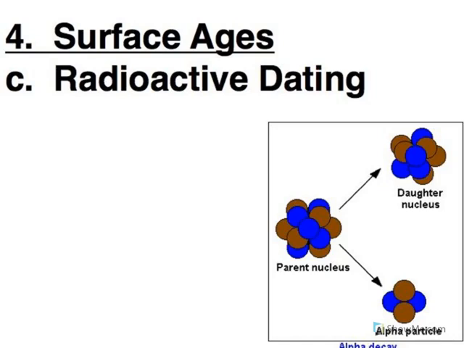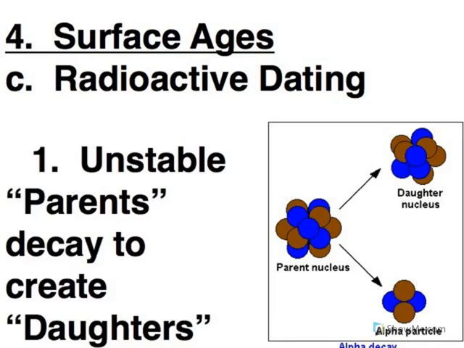If you are fortunate enough to have access to actual rocks from a surface, then you can get a precise age through a process called radioactive dating. And the idea behind radioactive dating is the fact that some elements have a nucleus that is unstable. That unstable element is called the parent.